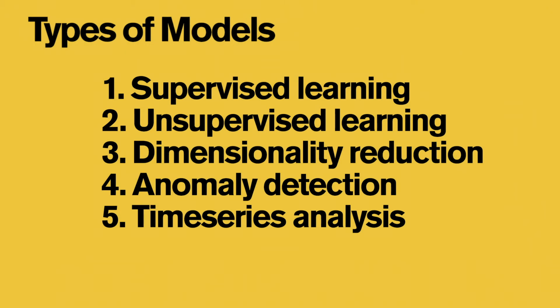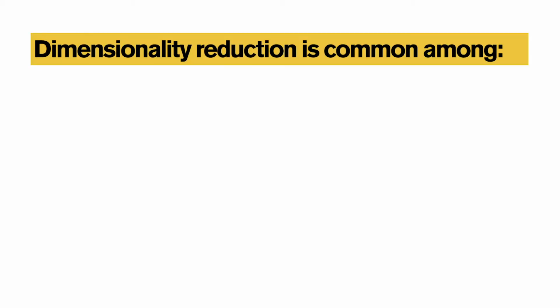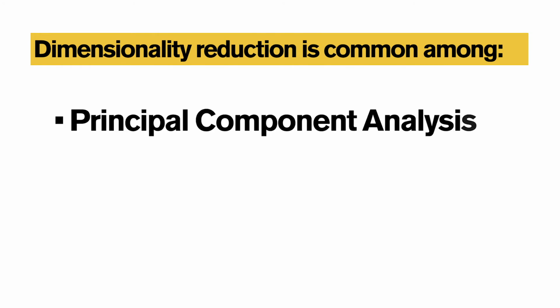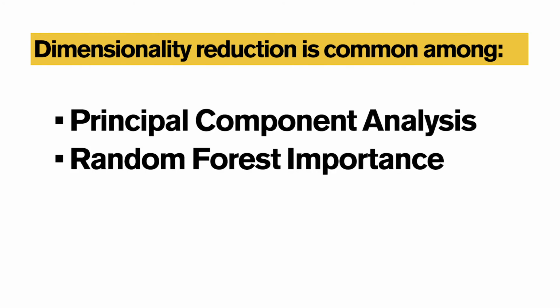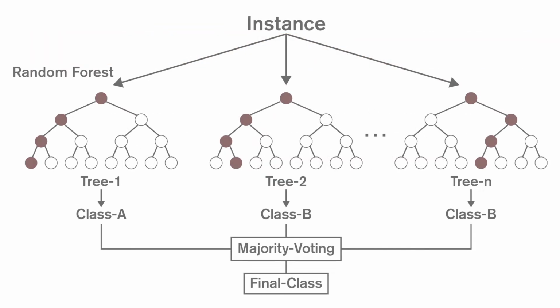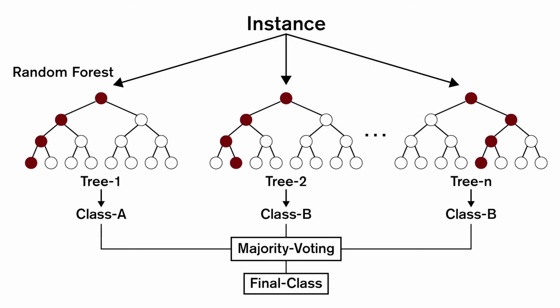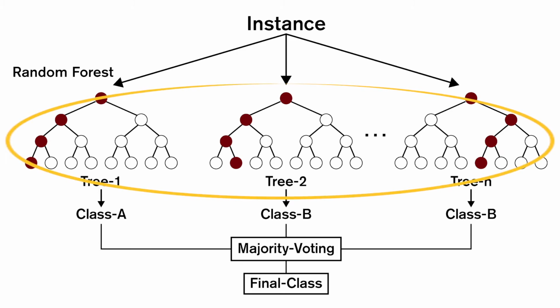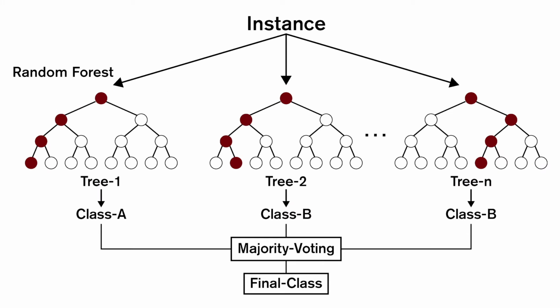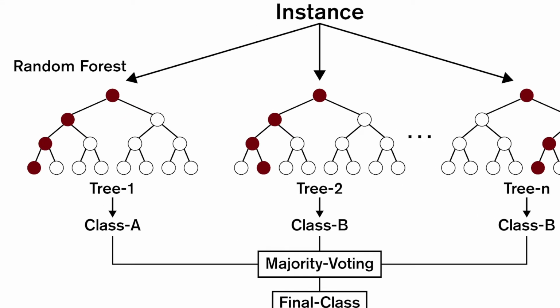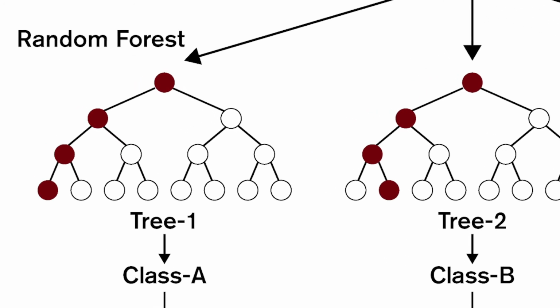Once we pass through supervised and unsupervised learning, we talk about dimensionality reduction. Commonly this is talked about as principal component analysis. Random forest importance is another example. If you don't know what those mean, that's fine. The important thing with dimensionality reduction is this is a situation where you have a lot of X's. If you think of it as a spreadsheet, you've got your Y value, let's say a category of a person type that you're interested in, and your X's are all your different attributes about each person.